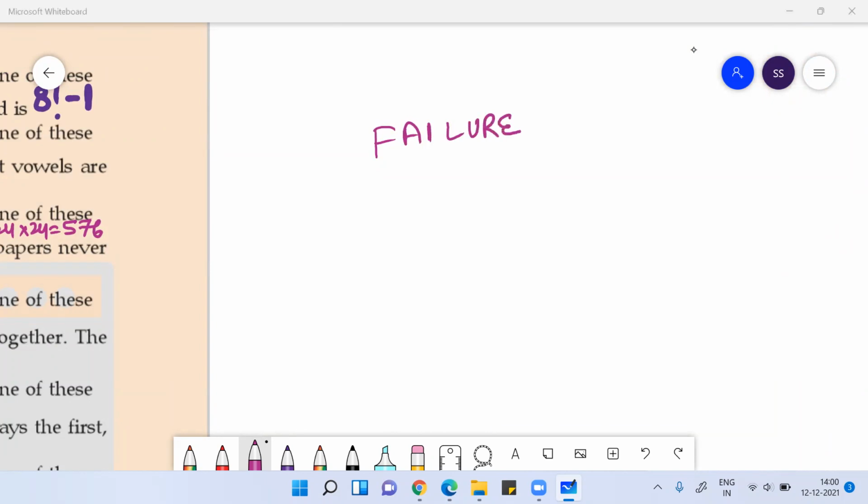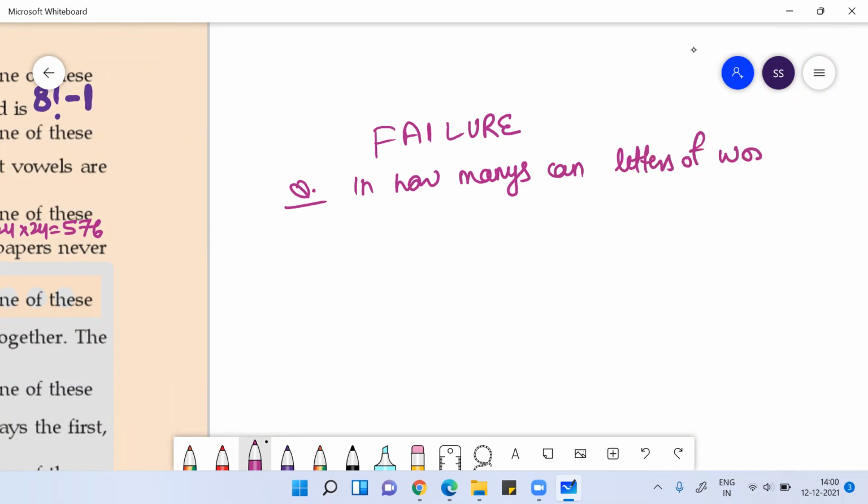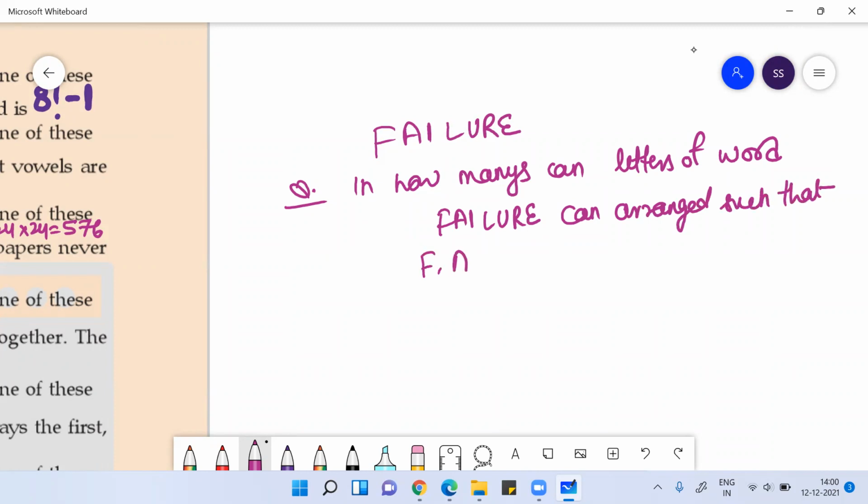If I ask you in how many ways can the letters of the word FAILURE be arranged such that F and A never come together, how will you do it? Anyone? How will you do it then?